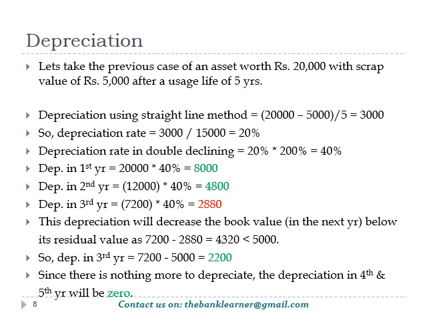Then depreciation in the third year will be 12,000 minus 4,800 into 40%, which gives 2,880, which will not be acceptable. It is because when we calculate the book value for next year, it will give 7,200 minus 2,880, that is 4,320, which is less than the salvage value of Rs 5,000.